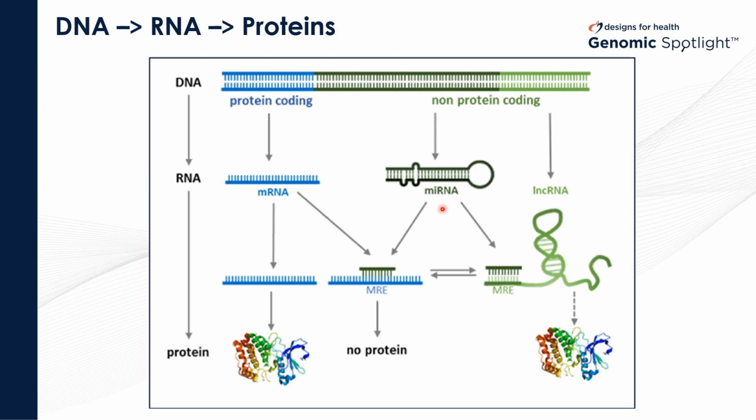And when miRNAs bind to their complementary sequences on mRNA, they actually inhibit translation or induce degradation of the mRNA, leading to decreased expression. So in general, if you upregulate some microRNA gene, it's going to inhibit some other gene.